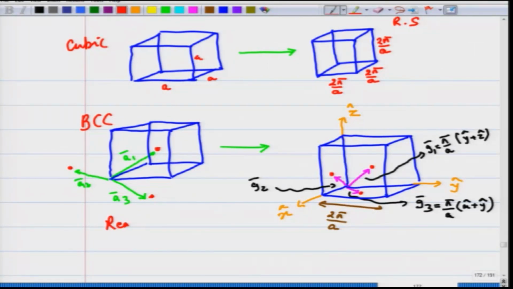This is in real space and this is reciprocal space. These had lattice constants A. So, this cubic structure will go into a cubic structure with size 2 pi by A.